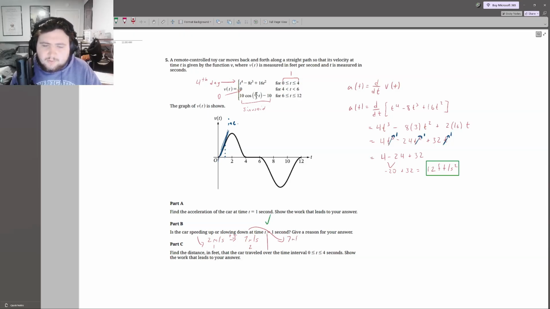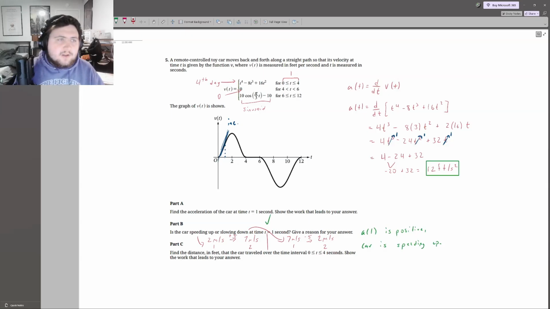It would be 7 meters per second at time step 1, and 2 meters per second at time step 2. That would be -5 in our acceleration. So therefore, since our acceleration is positive, that tells us that the car is speeding up. Two different ways to find that one.